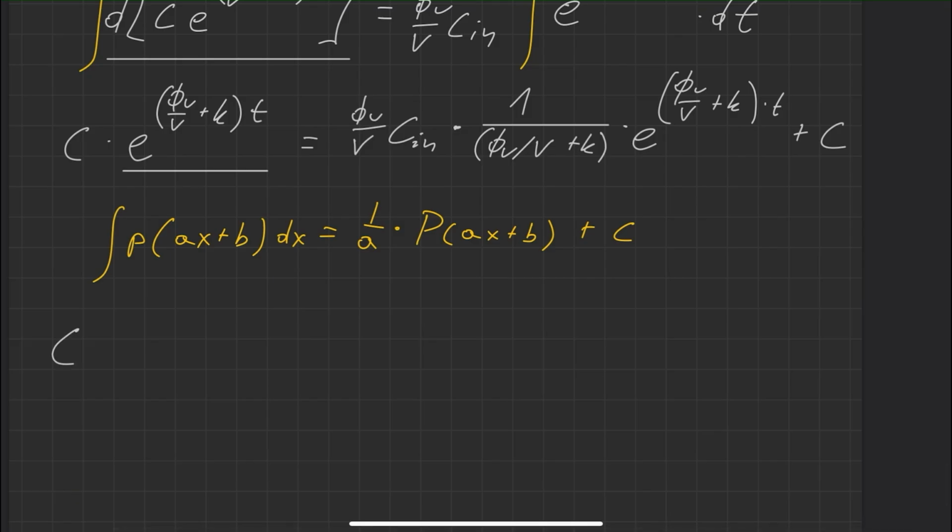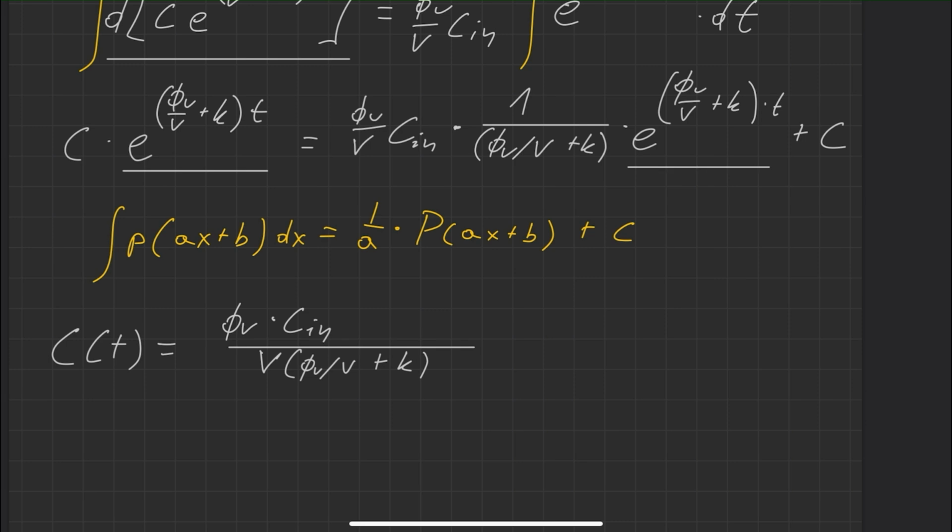So we know that the concentration as a function of time will be nothing else than volumetric flow rate times the inlet concentration divided by the volume and further divided by the volumetric flow rate divided by volume plus the rate constant. And now notice that here this just cancels out. And I also noticed that this C may be a bit misleading, so let's call it C1 as a constant.